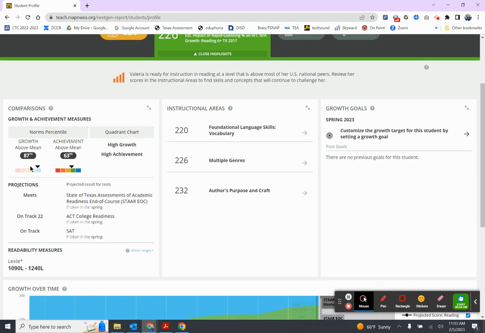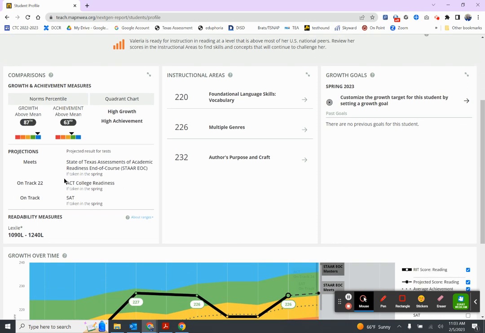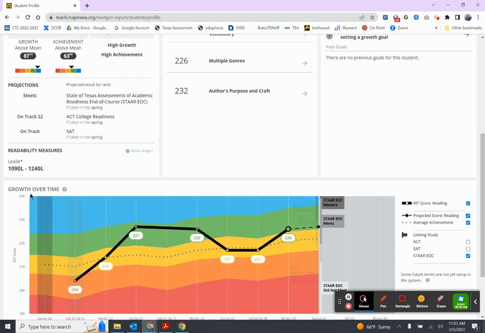This is again that chart that says her growth is in the 87th percentile. So she's moving up. She's understanding, she's grasping, she's really into the instruction. Her achievement, she is above the mean, a little bit, but still above the mean. Her projection for STAR is meets. Her Lexile score is 1090 to 1240.